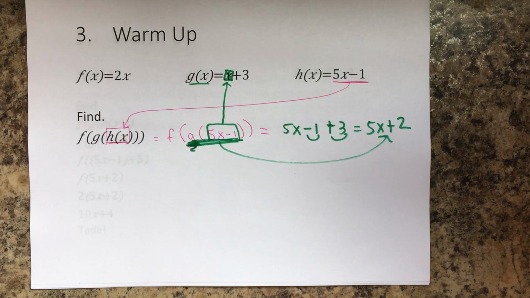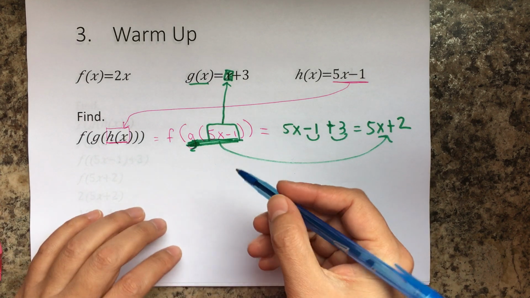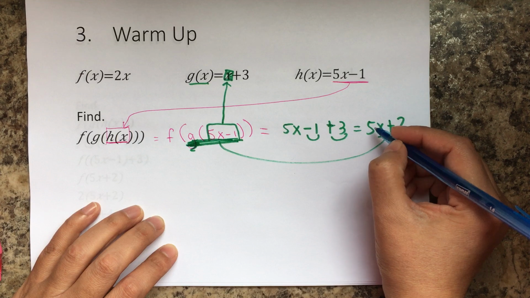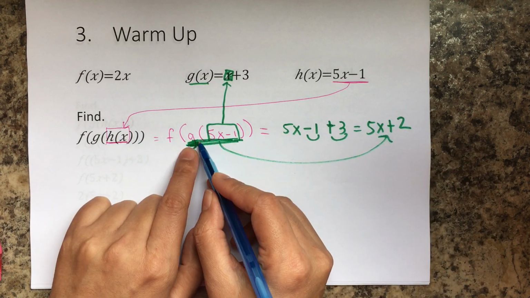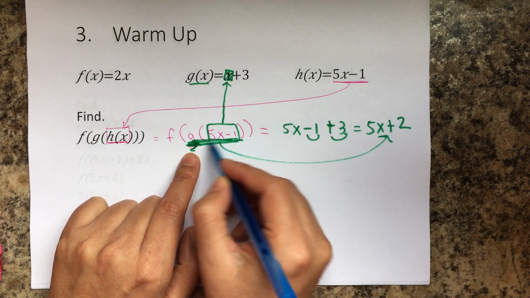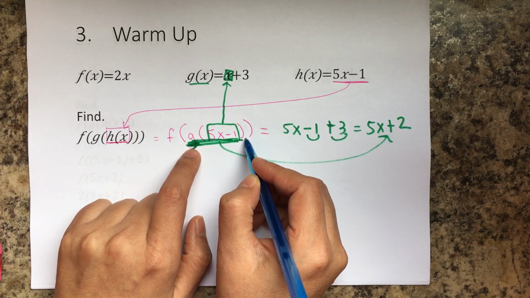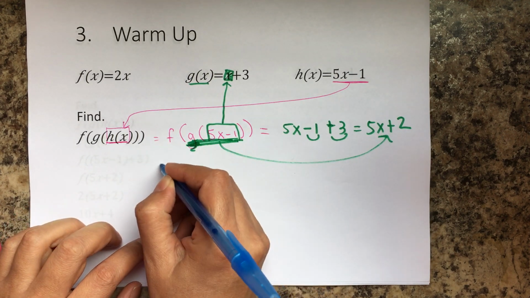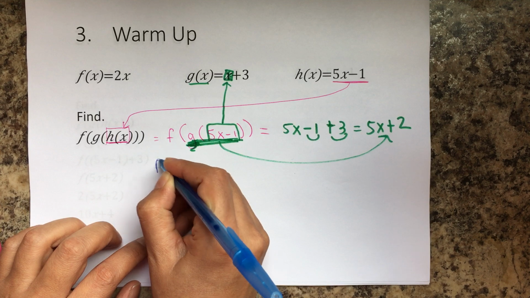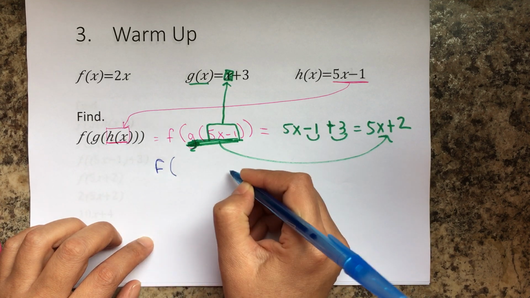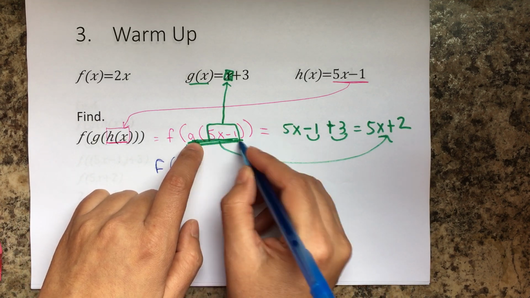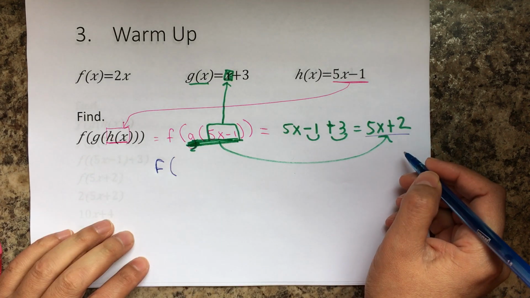Now I'm going to use this color. Since this represents what is inside the parentheses, now we're going to write f of the answer for this, which is 5x plus 2.